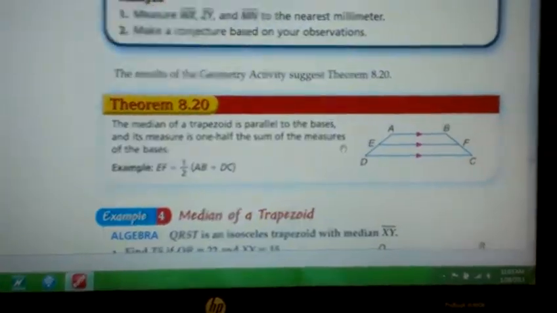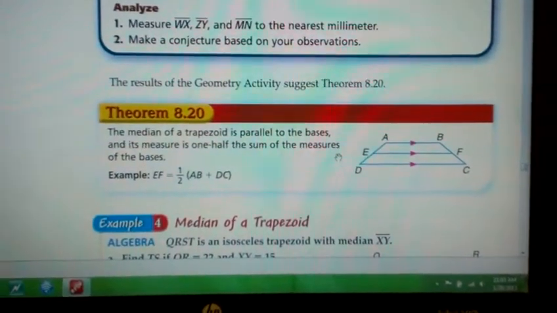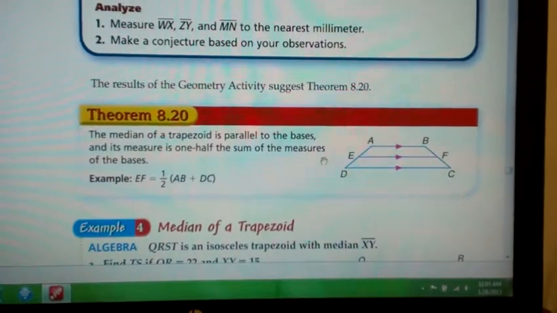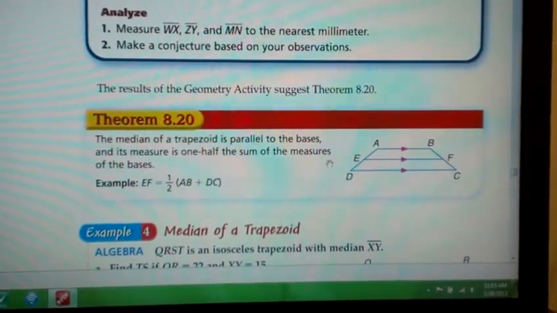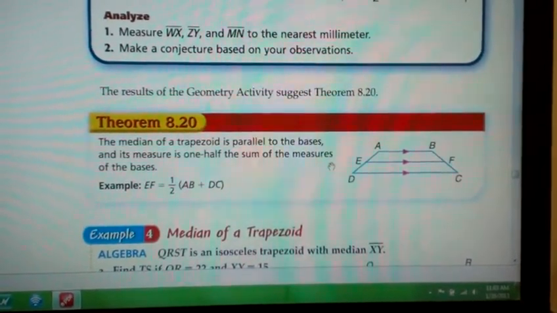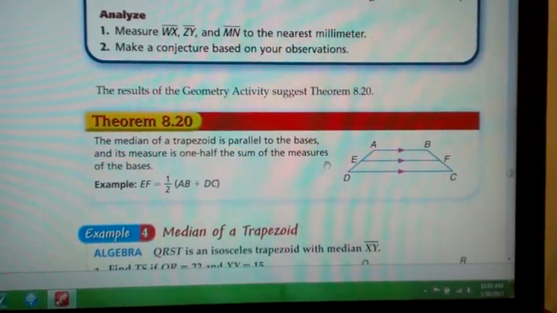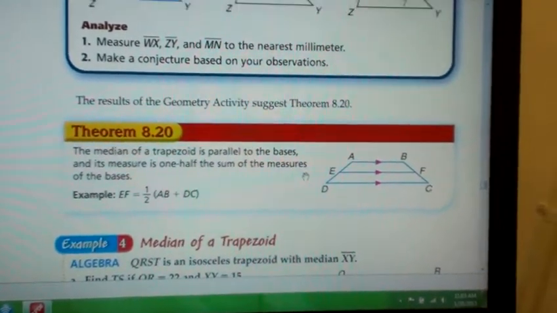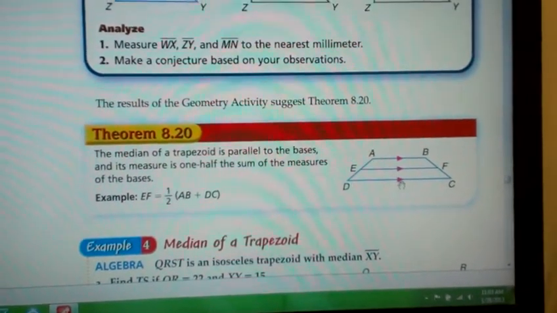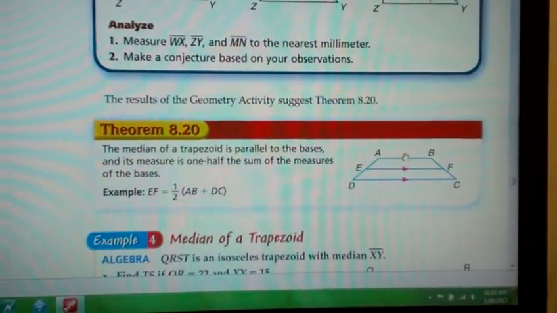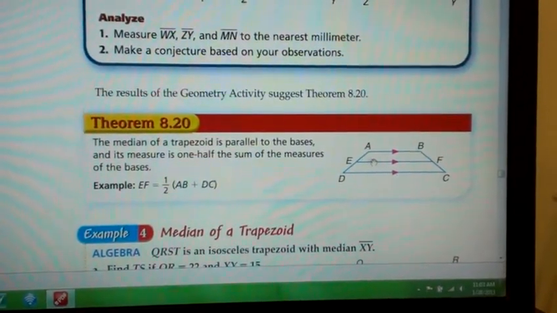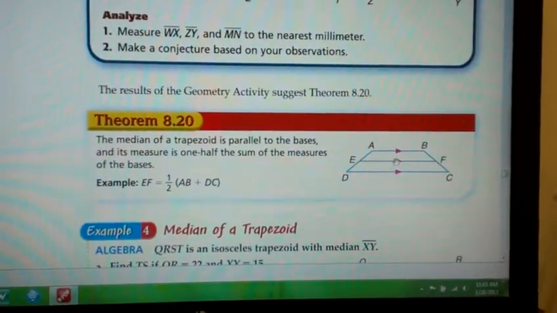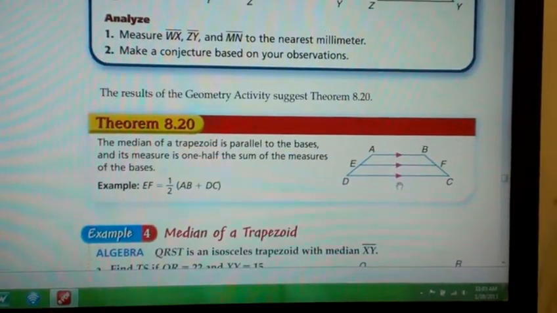Here's a theorem relating the trapezoid to its median. The median of a trapezoid is parallel to the bases, and its measure is 1/2 the sum of the measures of the bases. Okay, now that sounds a little confusing. Here we have a trapezoid. The top base is up here, the bottom base is down here, and the median is in the middle. What's interesting is that the median is parallel to the top and the bottom base.